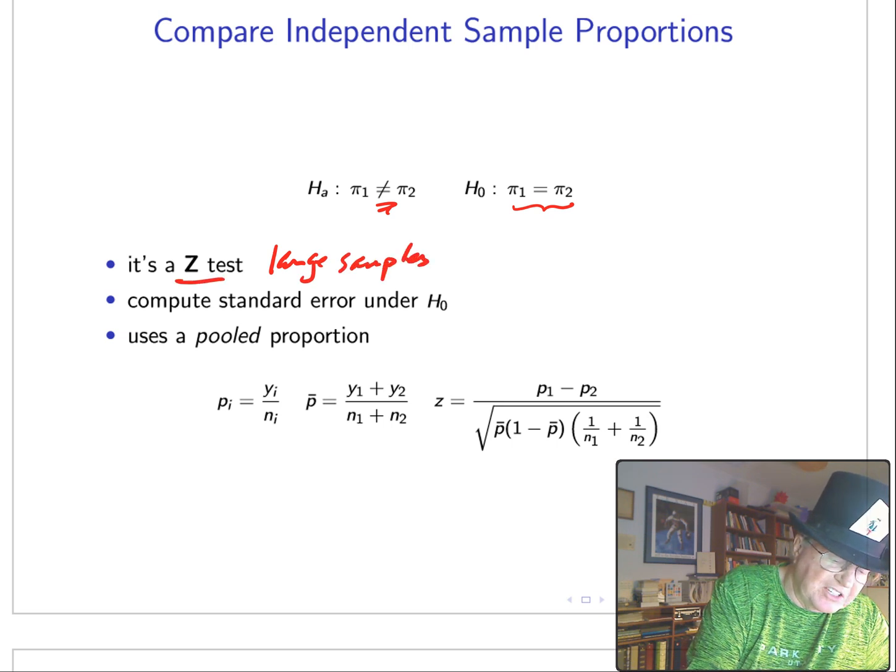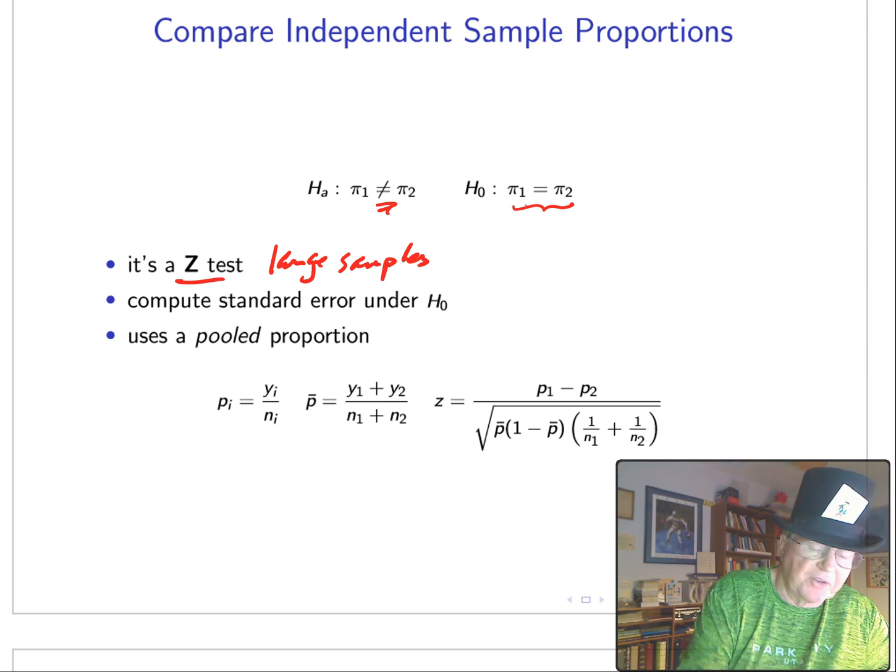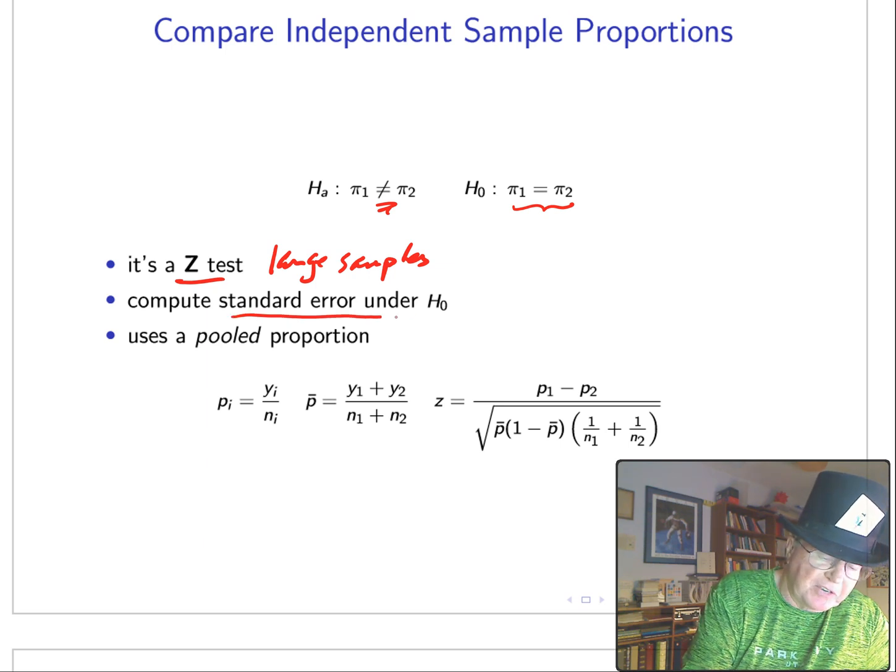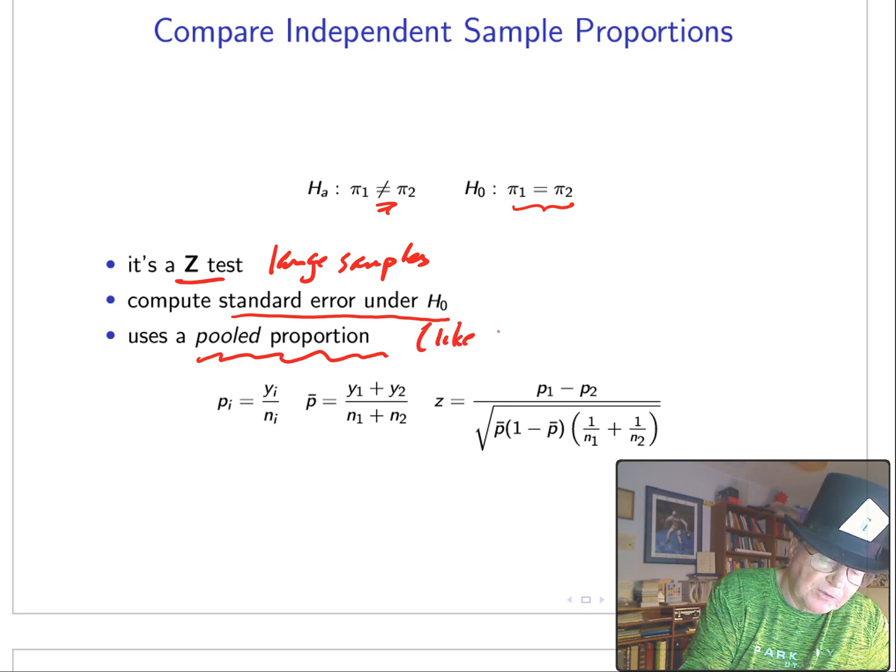So it's a z-test. Now, under the null hypothesis, the two proportions are equal. So we need to compute the standard error under the null hypothesis. We'll do that using a pooled proportion. So this is like the two-sample t with equal variances.